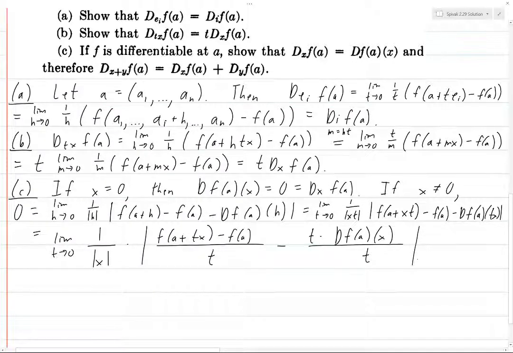Now we can bring this 1 over the norm of x out front, and we can bring the limit inside this absolute value. So we have the limit as t goes to 0 of 1 over t times f of a plus tx minus f of a. And in the other term, the t's cancel, so we just have df a x.